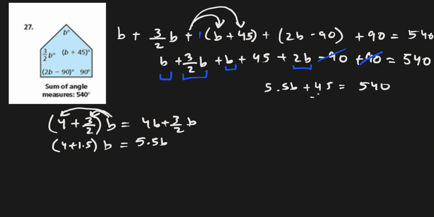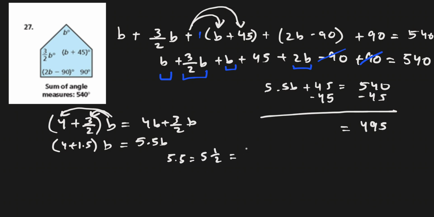Then we can subtract 45 on both sides of the equation. I'm just making sure I included all the B terms, because there's a lot of them. Minus 45 gives 495, since 495 plus 45 is 540. Then I'm going to rewrite 5.5 as 5 1/2, which is equal to 11/2.